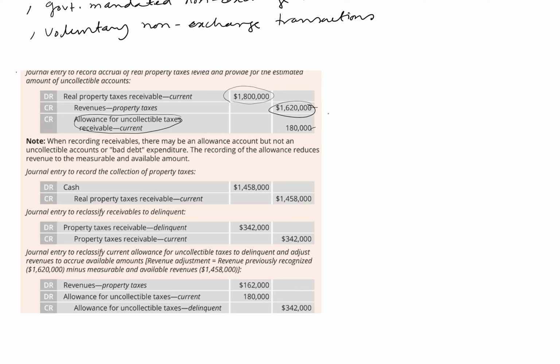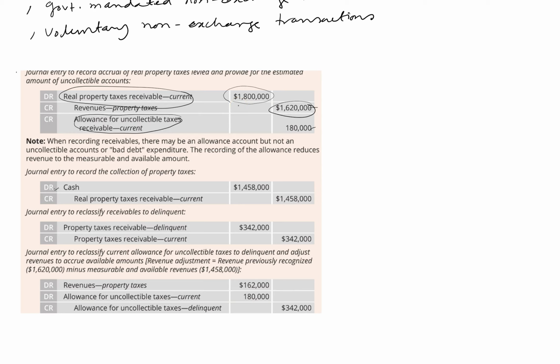Now at the end of the year, they are able to collect $1.458 million property tax. That means cash is debited, and then they have to remove the same amount from their receivables. They initially recorded receivables as 1.8 million.